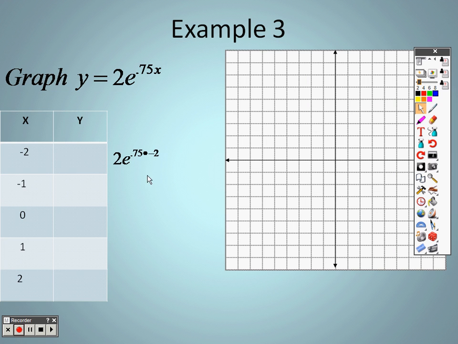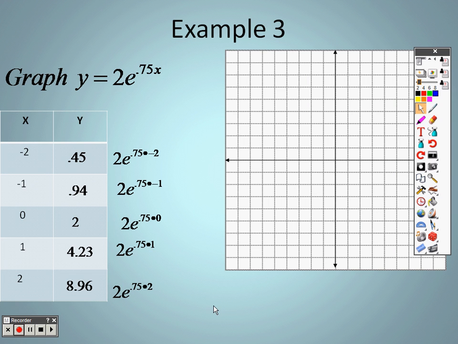We're going to start at negative 2, and when we plug in a negative 2, we get roughly 0.45. When we plug in a negative 1, we get roughly 0.94. When we plug in a 0, we get 2. When we plug in a 1, we end up with 4.23, and when we plug in a 2, we end up with 8.96. So when I go to graph this, I go over negative 2 and go up almost a half and put the point there.